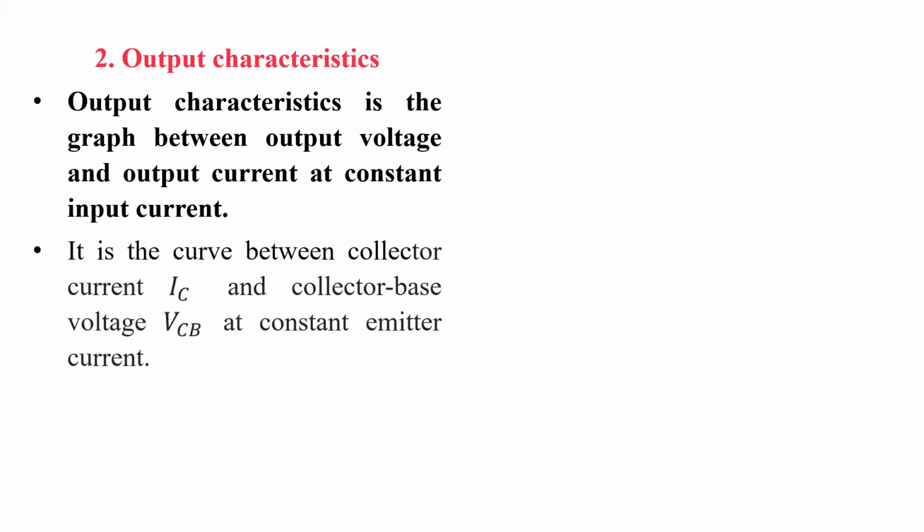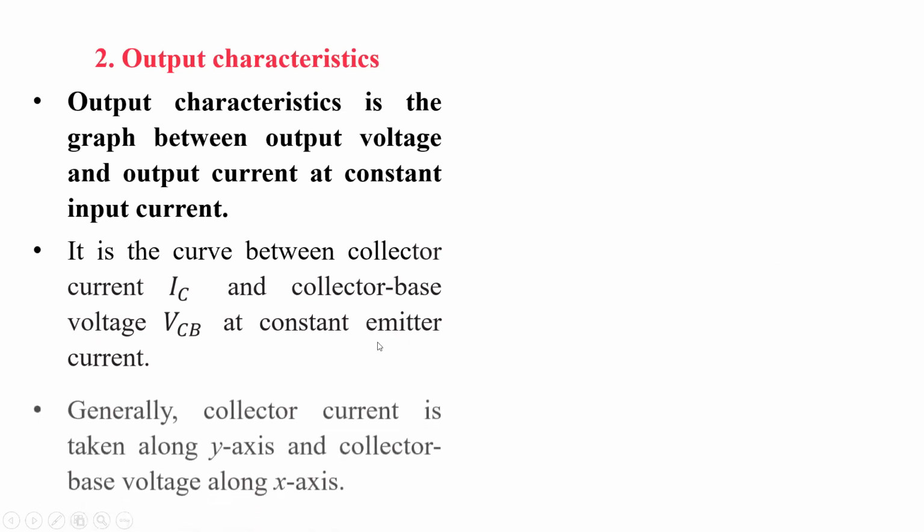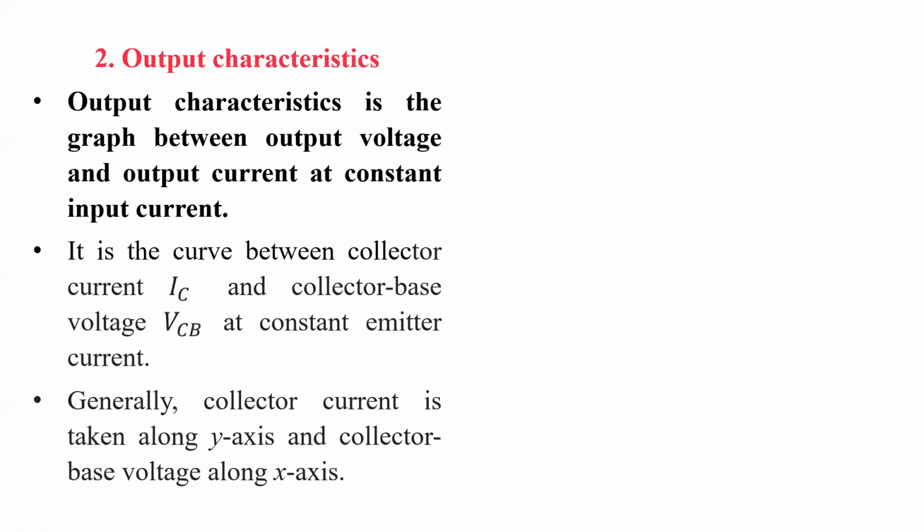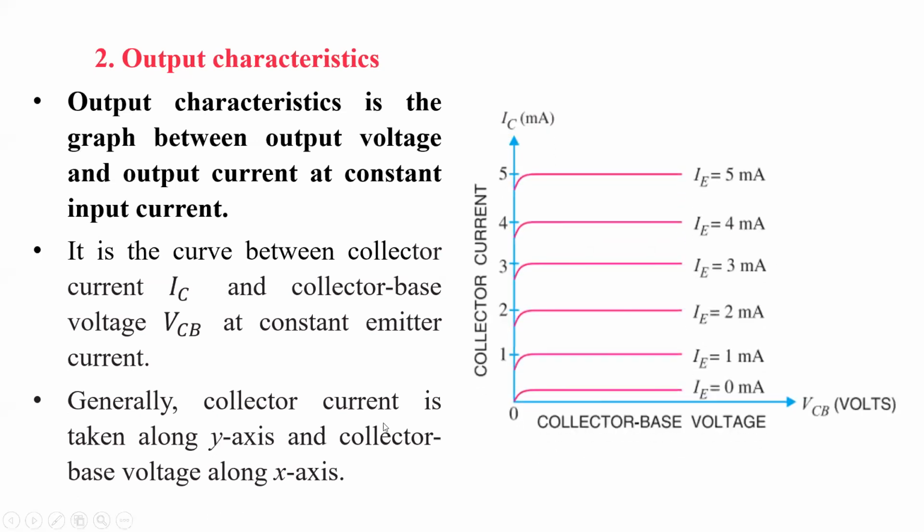In CB mode, the output characteristic is the curve between collector current IC and collector base voltage VCB at constant emitter current, because here output current is IC, output voltage is VCB, and input current is IE, that is emitter current. To draw the output characteristic, usually we take collector current along the y-axis and collector base voltage along the x-axis.